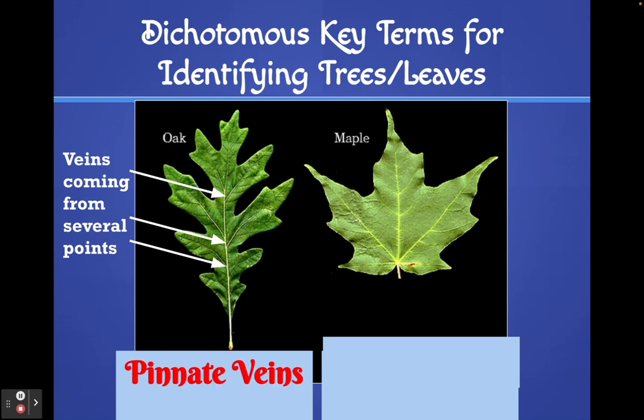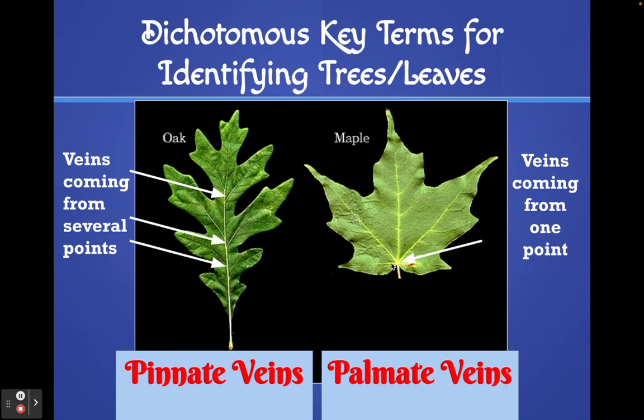It doesn't look like your hand. But if you look at the maple leaf on the other side, most of the veins are coming from this central point right here. At least the major veins are coming from that central point. There's no central point on the oak leaf. There's this central point here. That's called a palmate leaf or palmate veins. They're all coming from a central location.